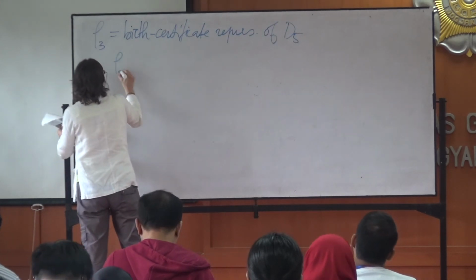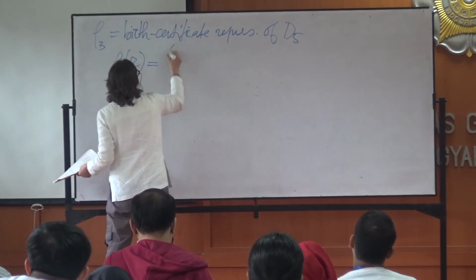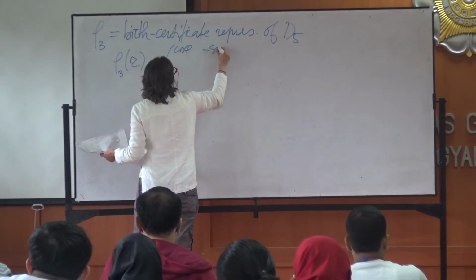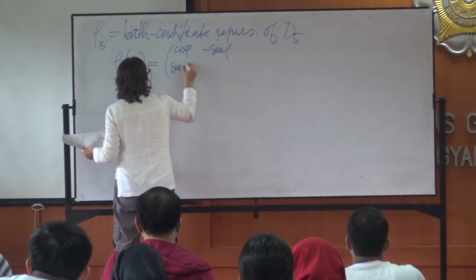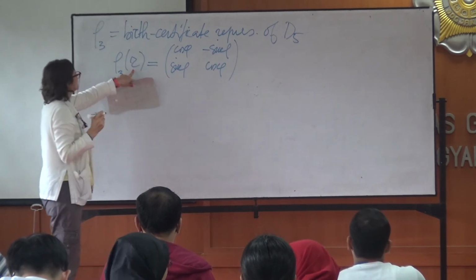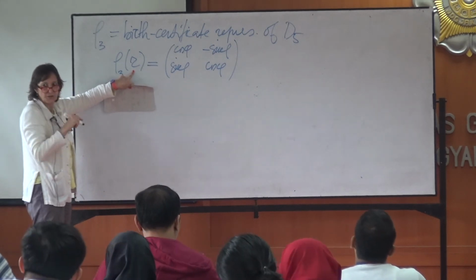This means that rho 3 of R is equal to the matrix cos phi, minus sin phi, sin phi, cos phi, where phi has to respect the fact that R to the fifth is 1.